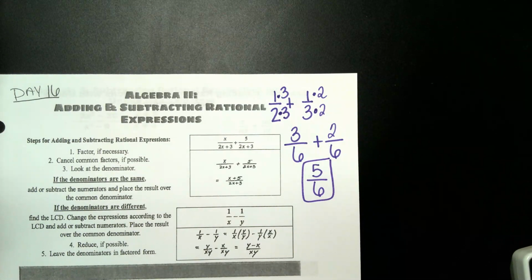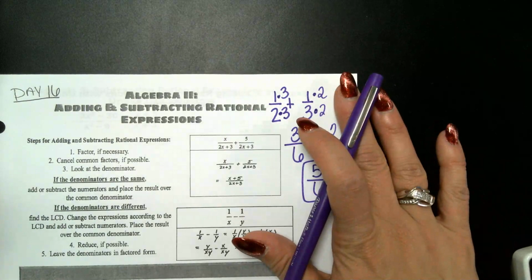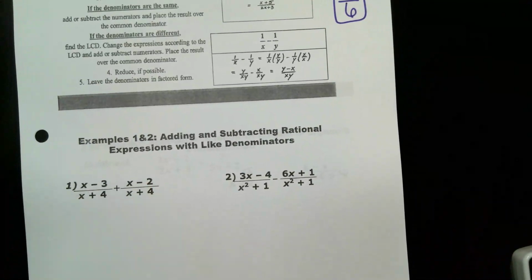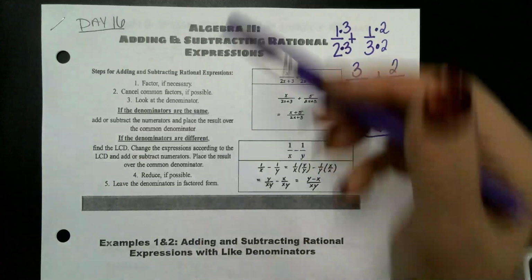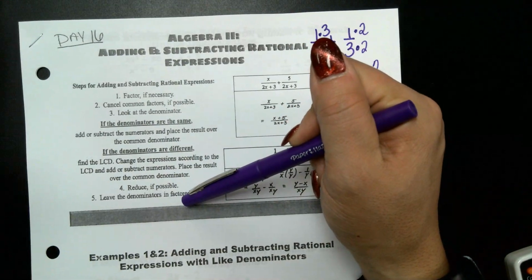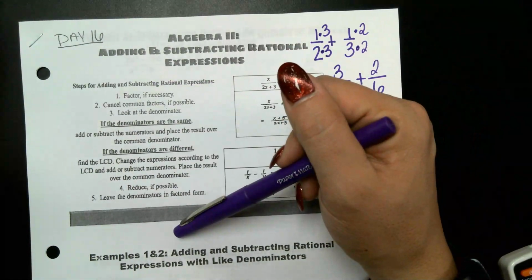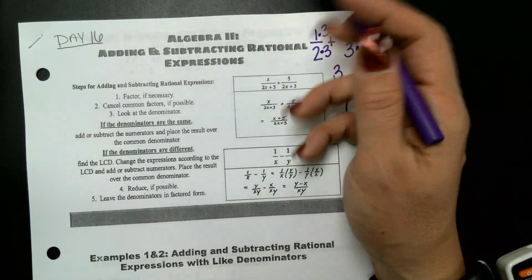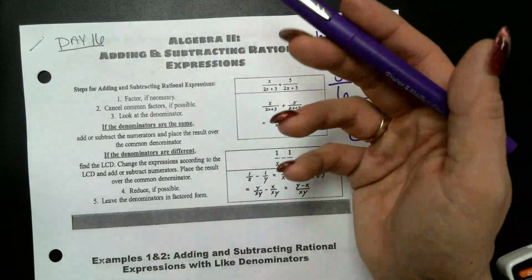So now we're going to take that and apply it to what we've been doing with these rational expressions. Okay, so the steps are up here, but sometimes these steps can be confusing when you're just trying to read through them. I always think it makes a lot more sense actually seeing it.